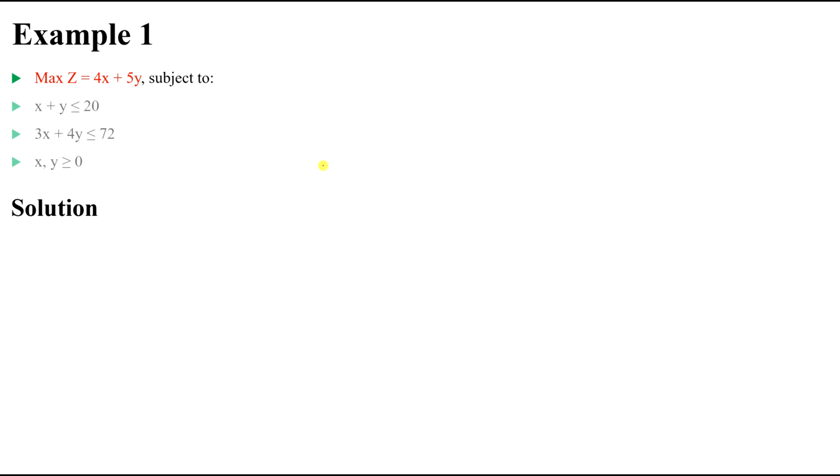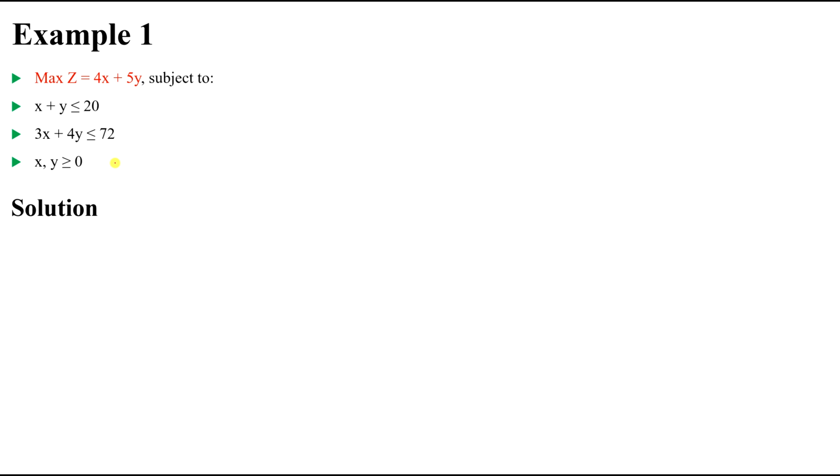This equation is subject to some constraints, which are mathematically formulated as follows: x plus y less than or equal to 20, 3x plus 4y less than or equal to 72, x and y greater than or equal to 0.